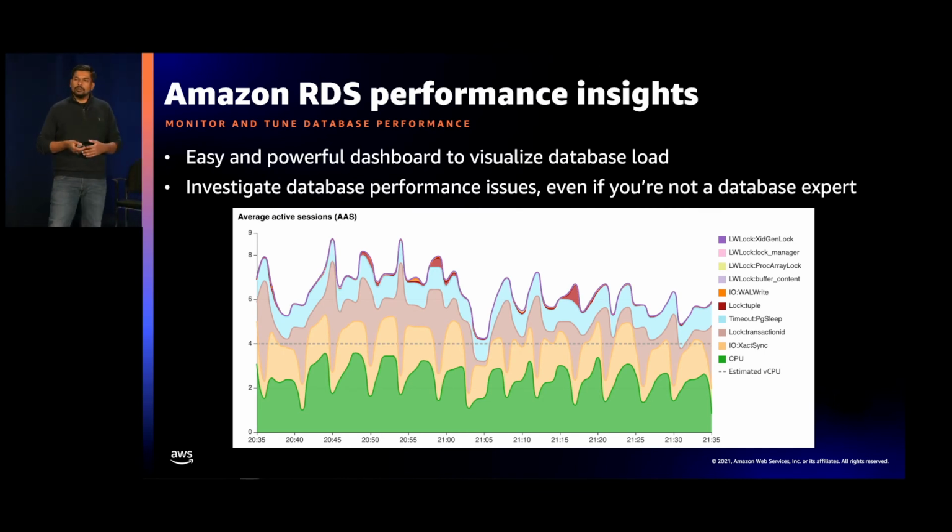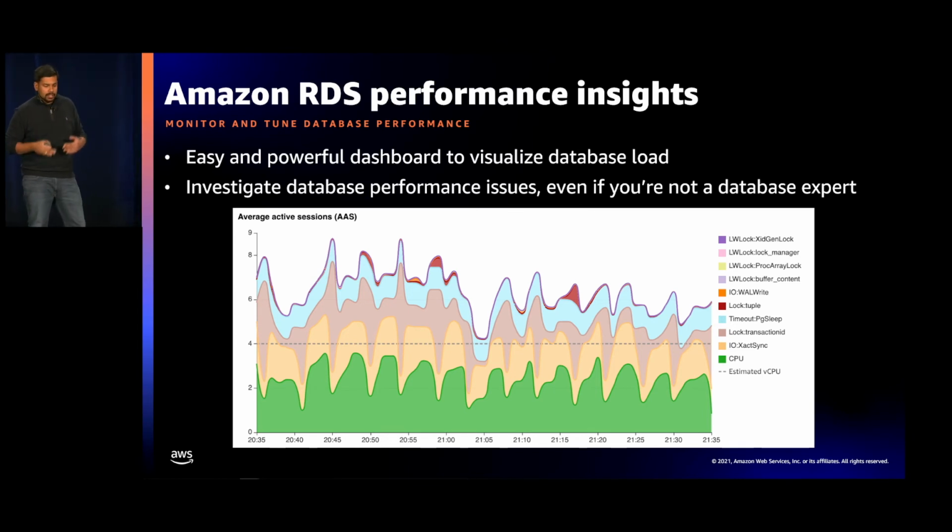Then coming to the topic of monitoring and being able to debug what's going on in terms of performance in your database, RDS Performance Insights is a feature that gives you a rich dashboard wherein you can visualize your database load in terms of active sessions.